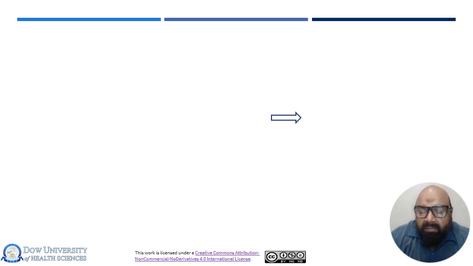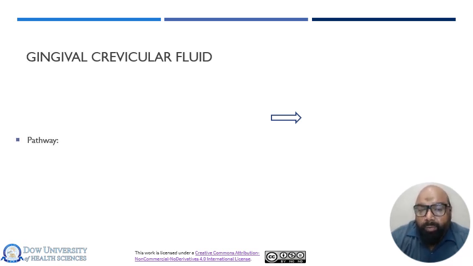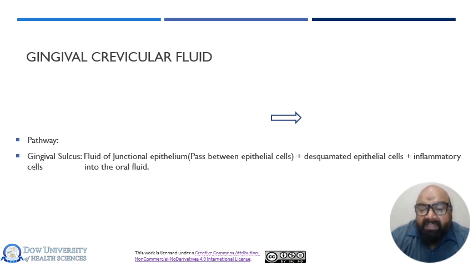But within this gingival crevicular space or the gingival sulcus, there is gingival crevicular fluid. What is inside this gingival crevicular fluid is fluid that passes in between the epithelial cells, the desquamated epithelial cells, plus inflammatory exudate that attaches to this liquid inside the gingival crevice.